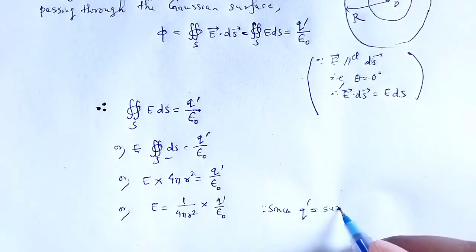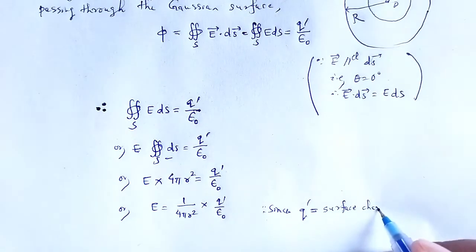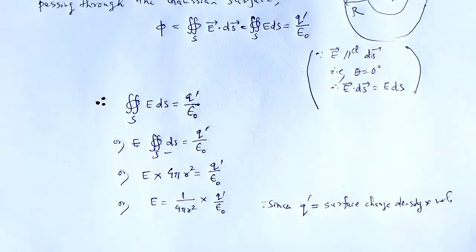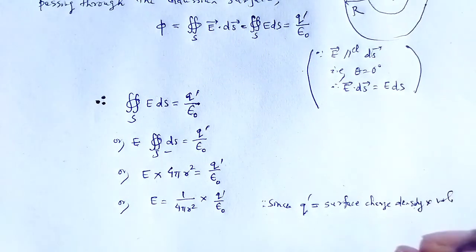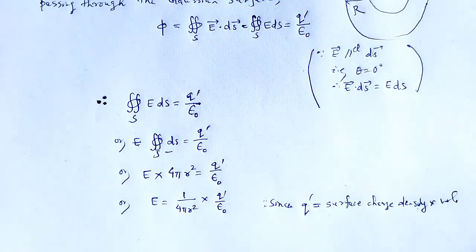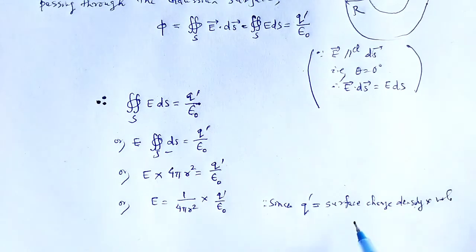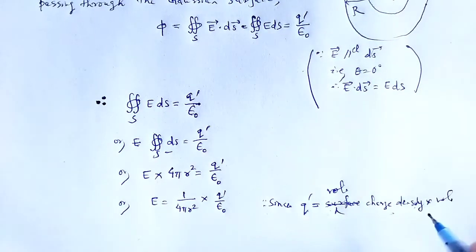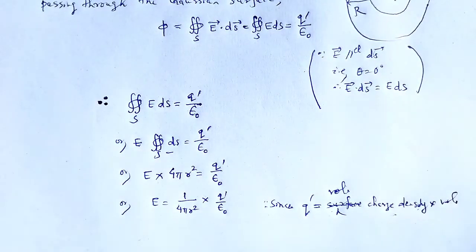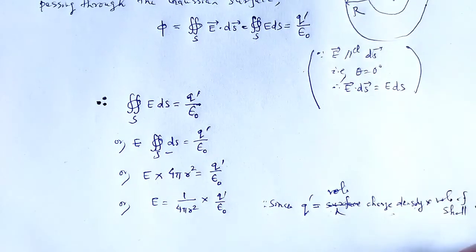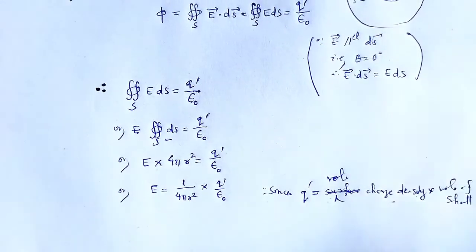Sorry, it is not surface charge density; it is the volume charge density, that is, how much charge is within a unit volume, into the volume of the small sphere, which means the total charge enclosed within the Gaussian surface.